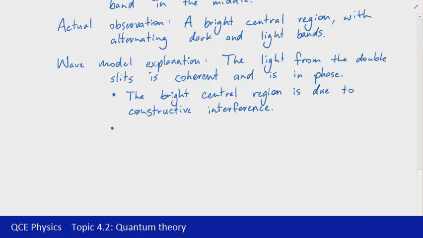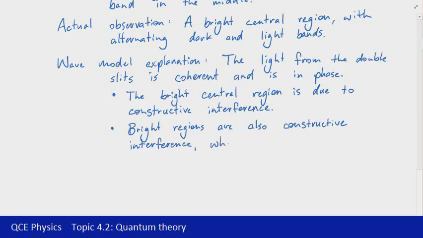The second point then, if we go to the bright regions outside of that, they are always going to be constructive interference as well. The difference here though is that when you start to move away from that bright central region, the light from one slit has to travel further, and so the difference in those two paths has to always be a multiple of the wavelength of the light.